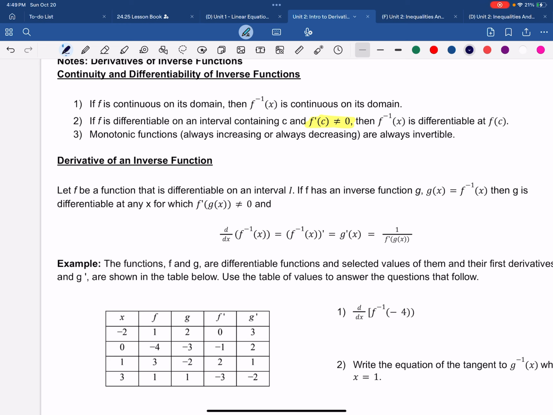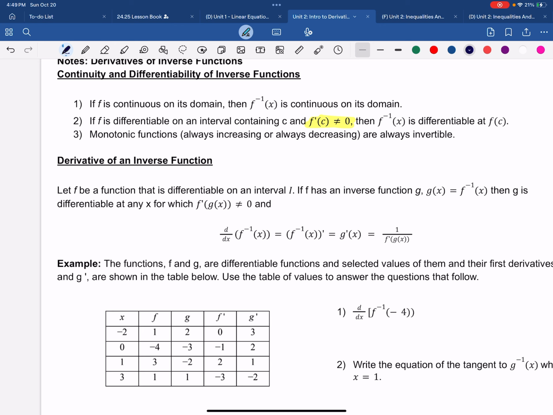Half of that parabola is a monotonic function because it's always increasing. Same as the square root function. Those functions will always be differentiable and invertible because they don't have any horizontal tangent lines, since you're never changing from increasing to decreasing.